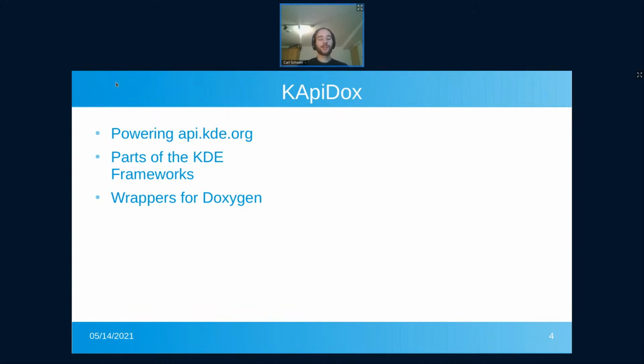The first one is that Doxygen is a great tool if you have one project and you want to generate the documentation for it, because you can just create the configuration file and run Doxygen on the project.